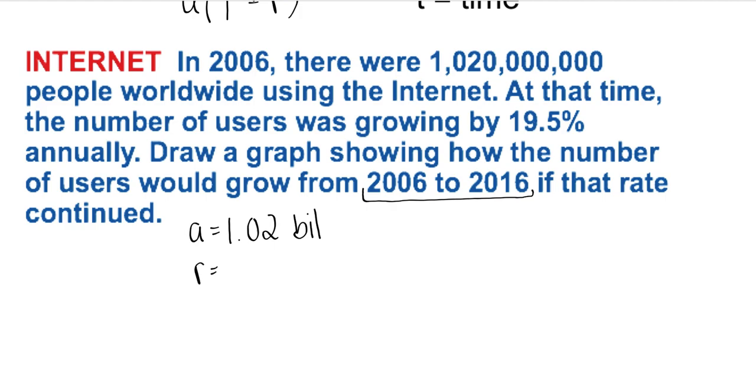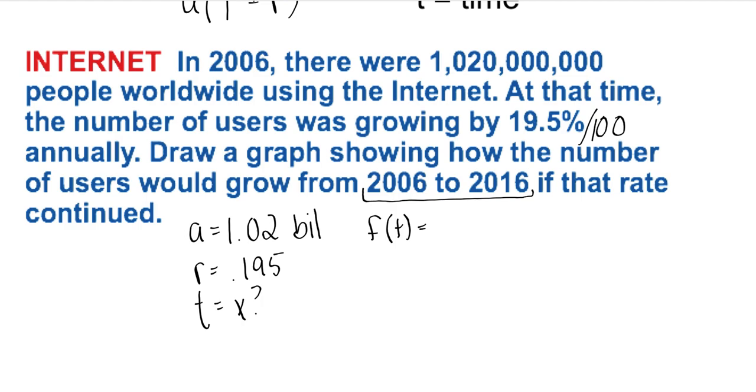Our rate, remember I said if you're given the percent, divide it by 100. Move that decimal place left twice, so it's 0.195 when we plug it into the formula. And t is just our x here. So that's what we're going to plug things into to get our graph. So, general equation, let's just say we're doing f of t, because we're using t for x.